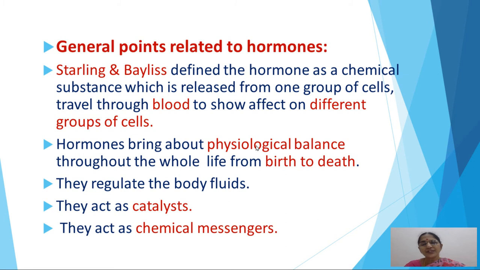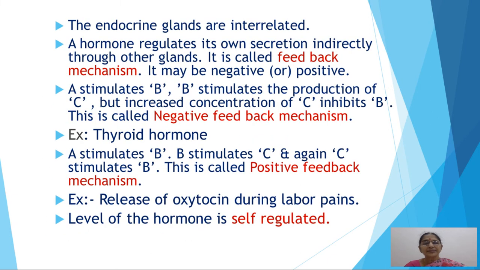Physiological means related to various functional activities going on in the body. They regulate the body fluids. They act as catalysts. A catalyst is a material which speeds up the rate of reaction and at the end of the reaction it remains unchanged. They act as chemical messengers.